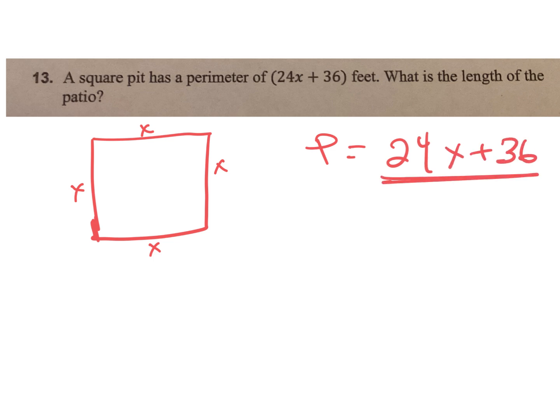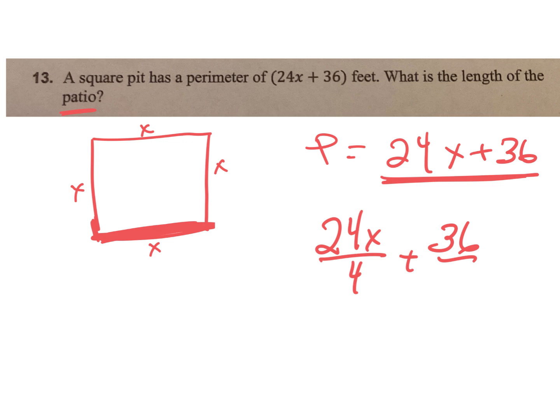If that's my perimeter, it asks what is the length of the patio? So one of these lengths, that's what I'm looking for. So I take this and divide it by 4. So 24x divided by 4 plus 36 divided by 4. When I divide all that by 4, it gets me 6x plus 9.